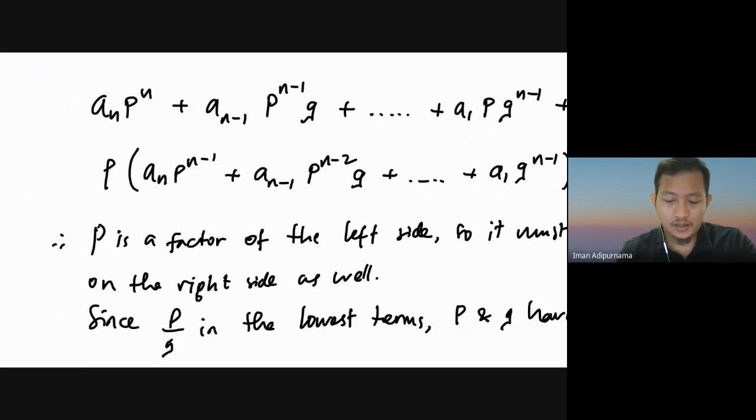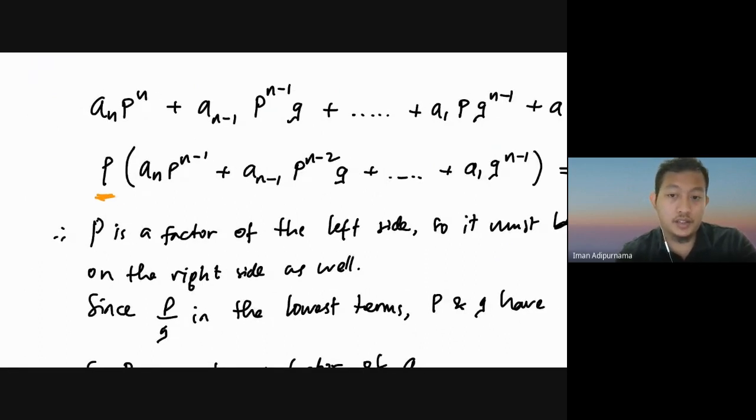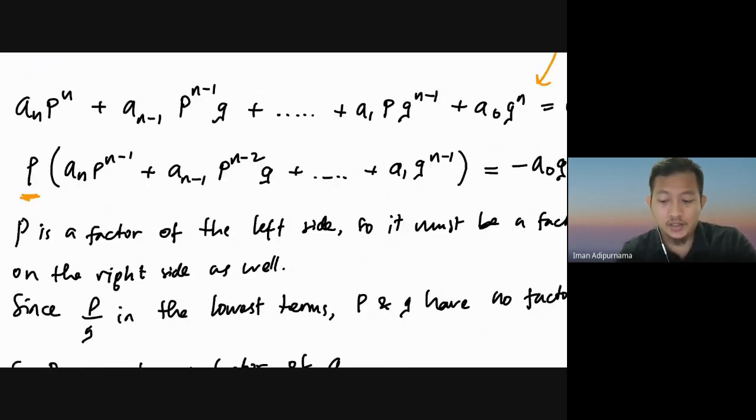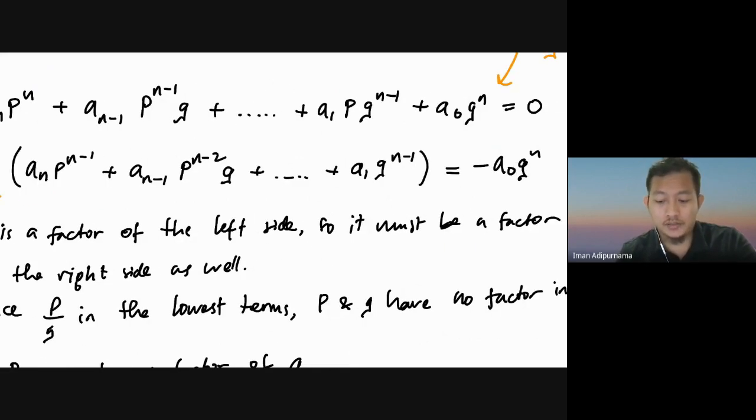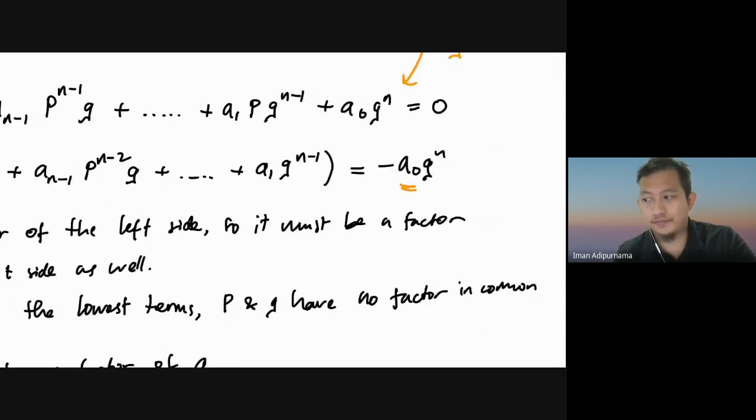So we are saying that p is a factor, and if you factor out the q, you can see that q is a factor of a_n, and p is a factor of a_0 here. Okay.